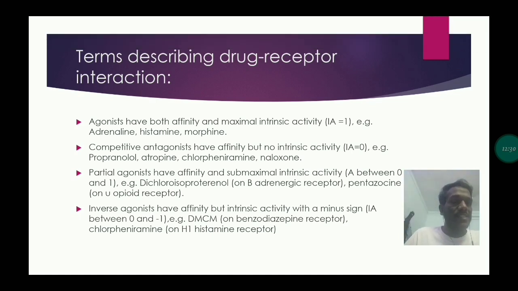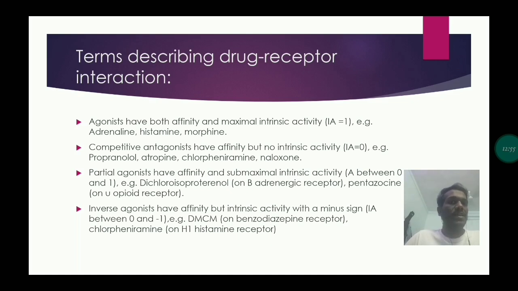First is the agonist. The agonist has an AI of 1, that is, the intrinsic activity is maximum, and it has affinity, the binding property, so even at the lowest concentration it will produce a response and enough number of DRS.